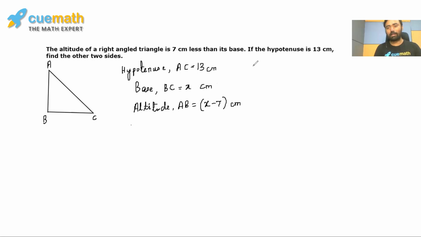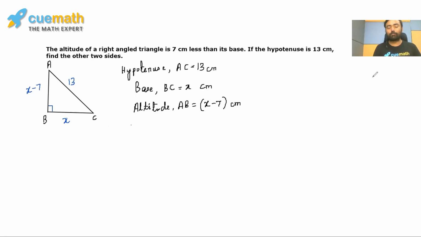Now if I label these three values here, this is 13, this is x, and this is x minus 7. Since this is a right angle triangle, right angled at B, we have the lengths of two sides in terms of x, and we'll have to find the values.